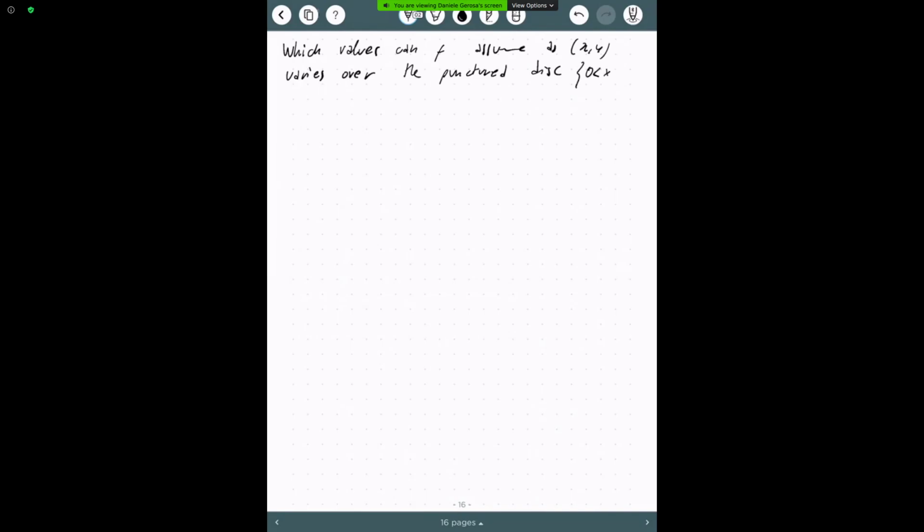So x squared plus y squared less than delta squared. And then another question is, does f become continuous if we define f of (0, 0) equal to 0?